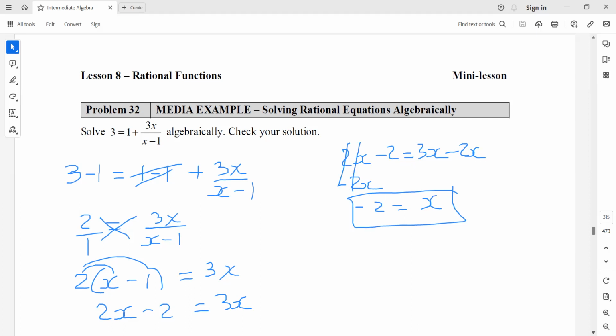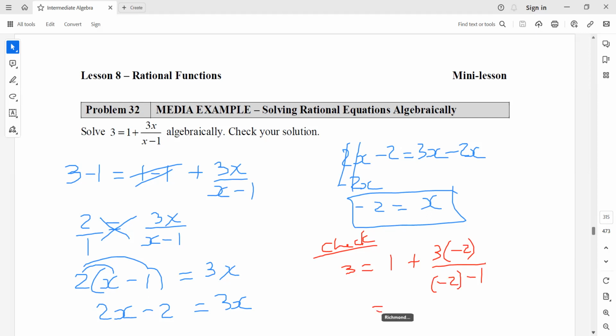Now, you should always check your solution to see if you're right. So I'm going to do a quick check on this. Check. 3 equals 1 plus 3 times -2 all over -2 minus 1.